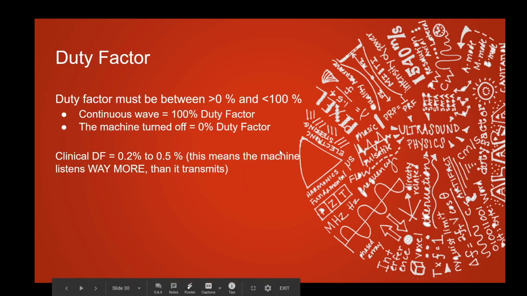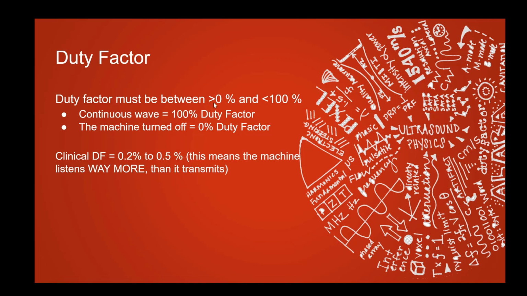Just some more comments on what duty factor means for the machine. So duty factor has to be more than 0. If the machine is off, power off, duty factor is 0% at that point. But if the machine is on, it is sending pulses out. And so there must be some range between 0 and 100%. So more than 0%, it can't be 0.